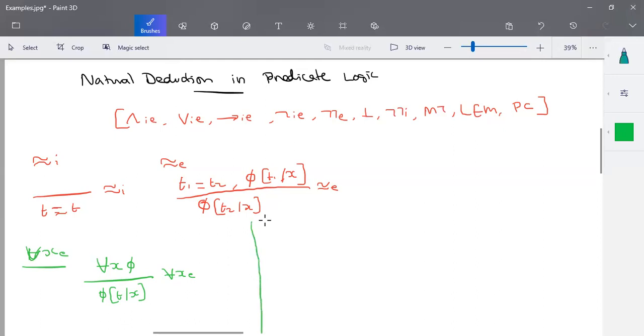And similarly, when you want to introduce for all x, this is a bit complicated. How does it actually work?